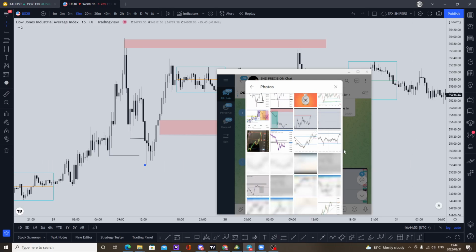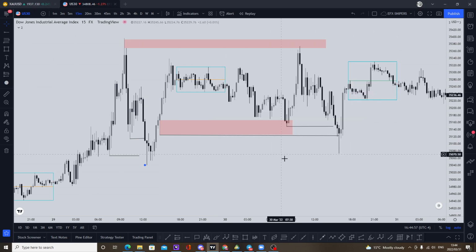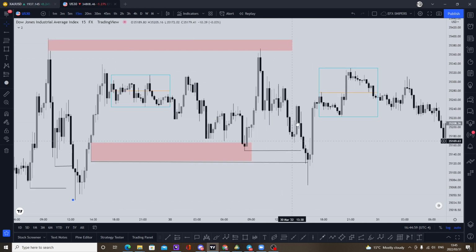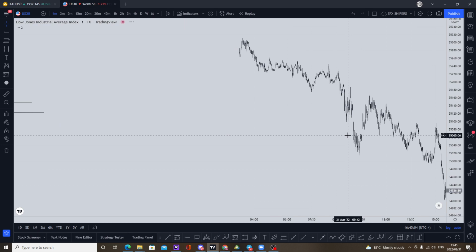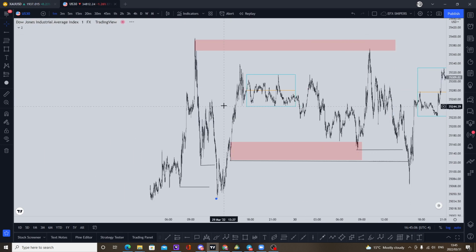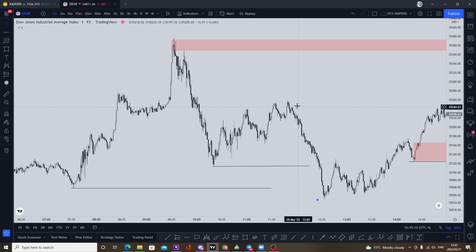Guys, I don't know why I never shared this analysis here, but anyway, let me show you why I took that entry from there. It was something so simple. It was on M1, I saw something like this on M1. This is what I saw.